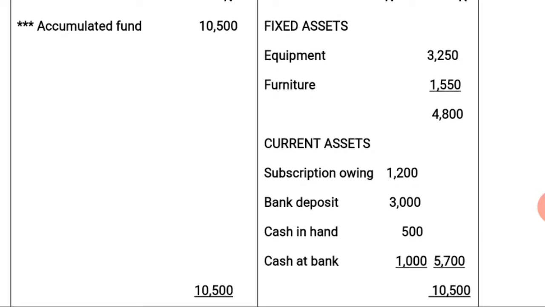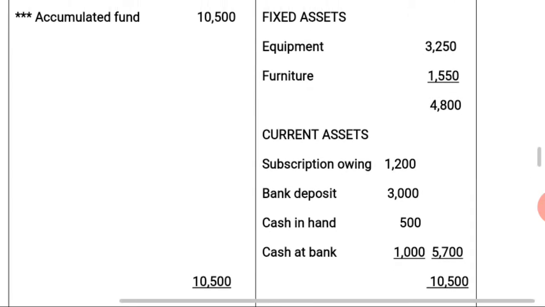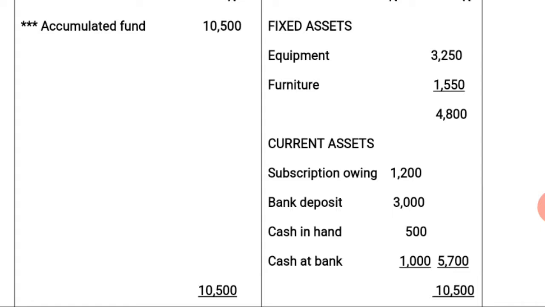Critically looking at the question, we will realize that as at the beginning of the year, there was no liability.